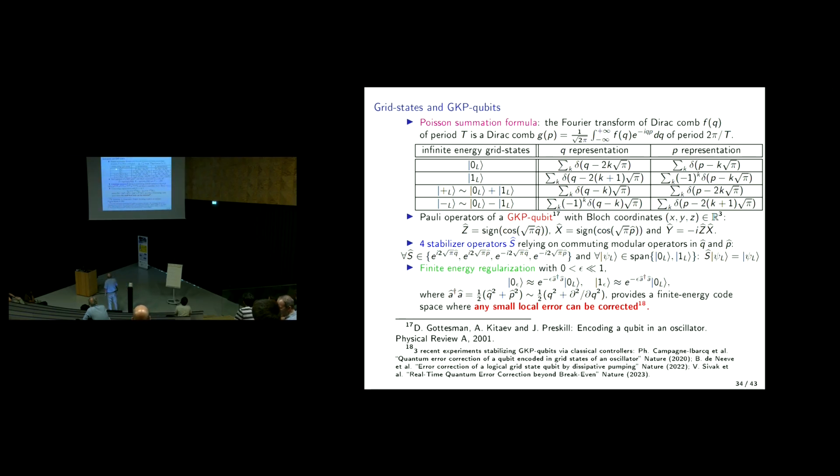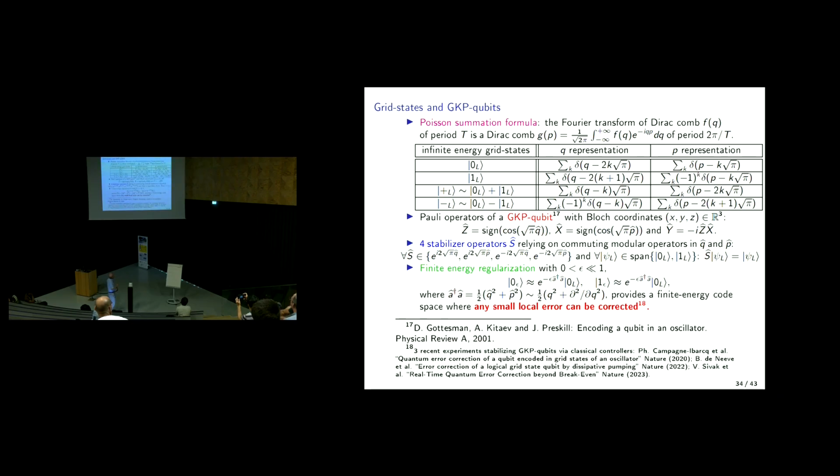And you assume that you will encode the system in this. You have a periodicity of 2 square root of pi, and you have spikes at even positions and at odd positions in the Q representation. But in the P representation, it is exactly the reverse.